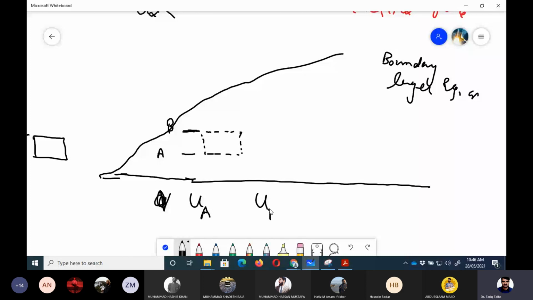Can anyone tell me whether the velocity at point A would be greater or the velocity at point B would be greater? Anyone in the class? Yes, sir. Velocity at B would be greater. Okay, thank you very much for your contribution. So if the velocity is greater here and less here, the element would be tilted like this.